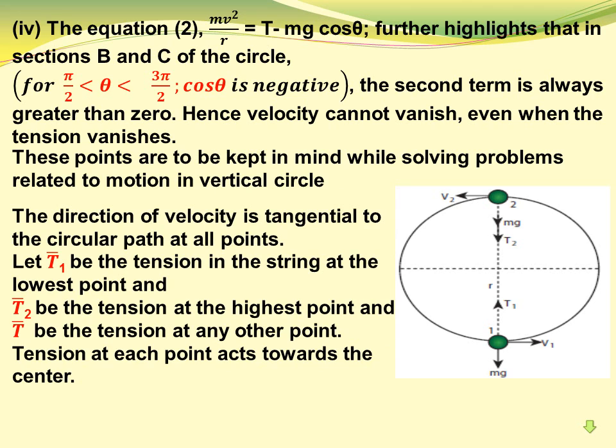The direction of velocity is tangential to the circular path at all points. Let T1 be the tension in the string at the lowest point, T2 be the tension at the highest point, and T be the tension at any other point, that means between 1 and 2, between 2 and 1.